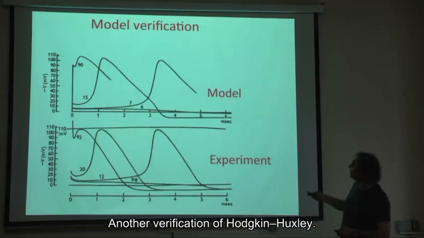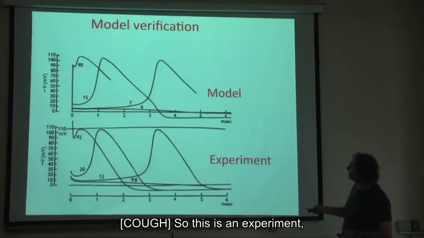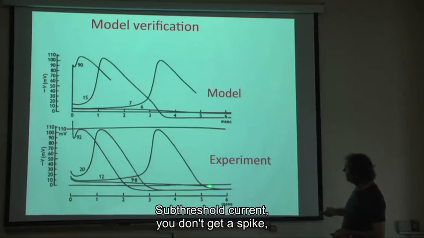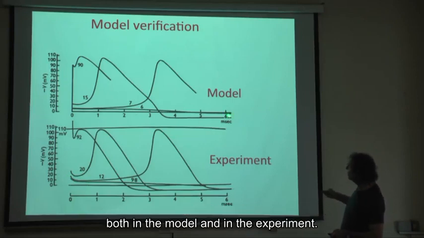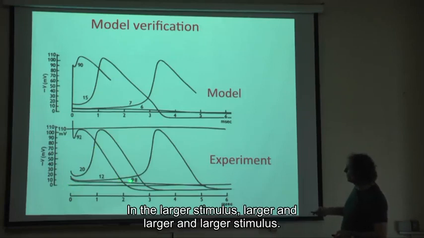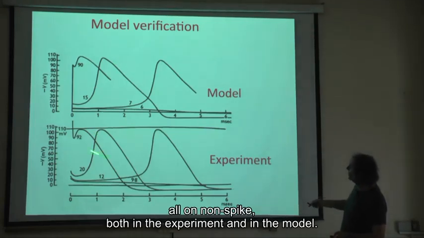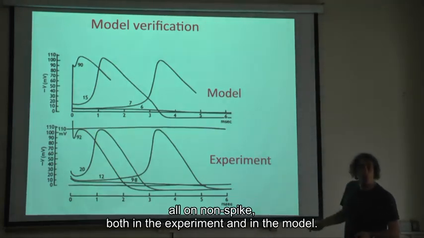Another verification of Hodgkin-Huxley. This is an experiment where they injected different strengths of currents. You already saw it before. With subthreshold current, you don't get a spike, both in the model and in the experiment. With larger and larger stimulus, you get a full-blown spike, an all-or-none spike, both in the experiment and in the model.